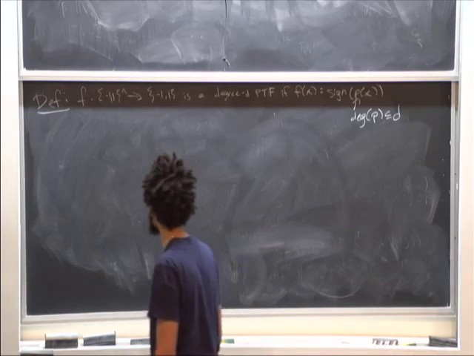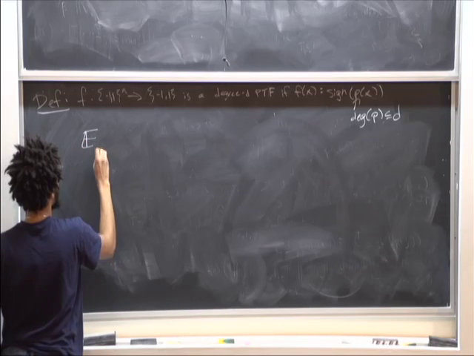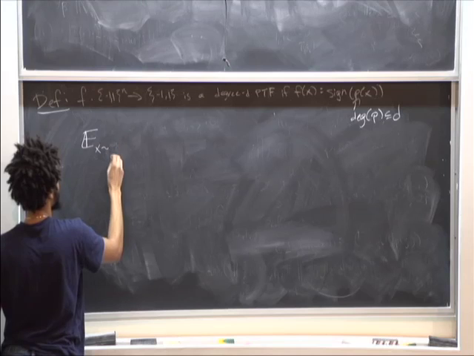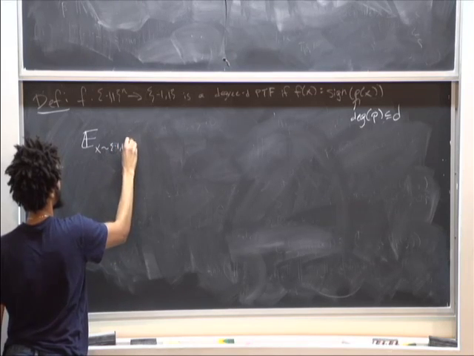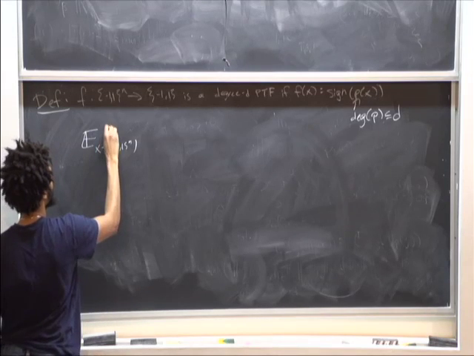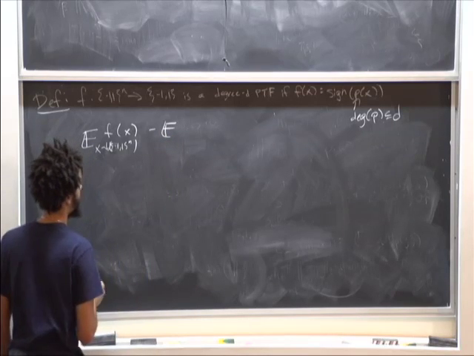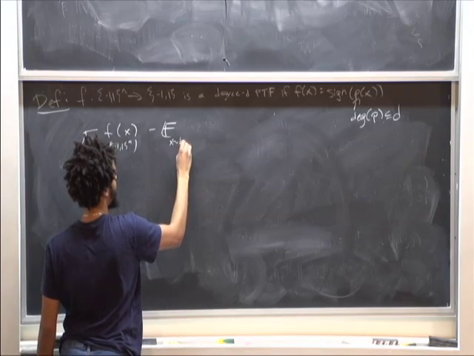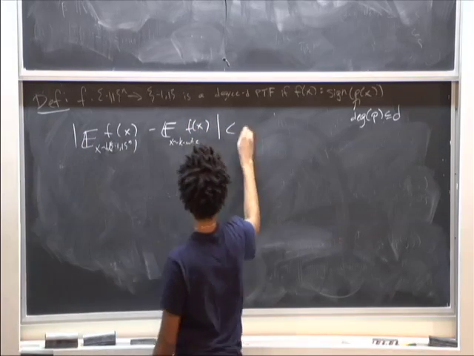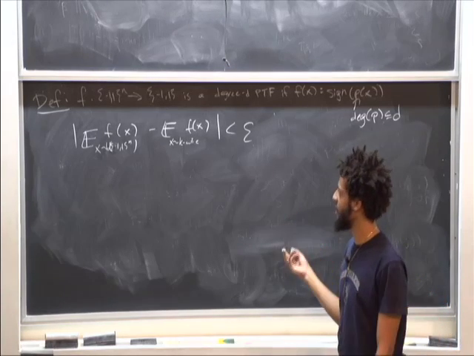And what we wanted to show was that the expectation over x uniform, over {-1, 1}^n, of f of x minus the expectation over x coming from some k-wise independent distribution, we want to show that this is less than epsilon, and we want to understand what value of k guarantees this.